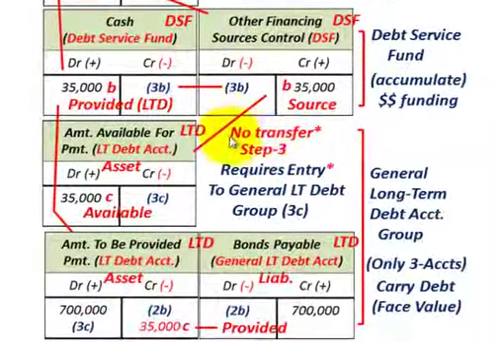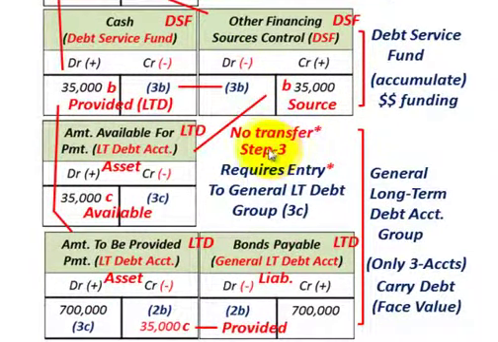Okay, so now let's look at step 3. This is not a transfer, but it's an entry in our general long-term debt account group to make sure our unmatured principal obligation, or debt, is correct, or its carrying value. When we're talking about the general long-term debt account group, there's only really 3 accounts in that group that carry debt, and we carry it at its unmatured amount.